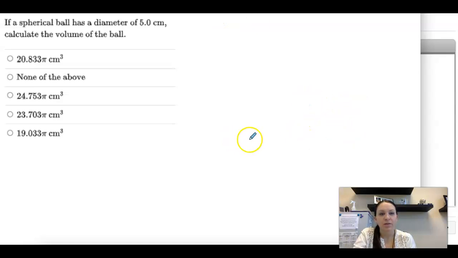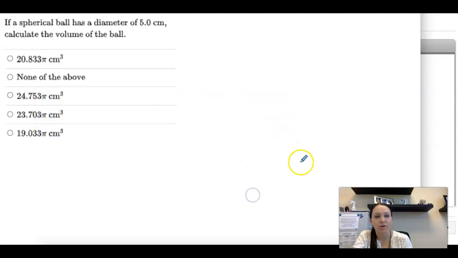So my formula would be 4/3, and then remember these are all multiply when they're stuck together, times pi times R, which is 2.5 to the third. And then I'll put it in my calculator. But I want you to notice our answers. They all have pi. So I'm not going to put pi in the calculator.